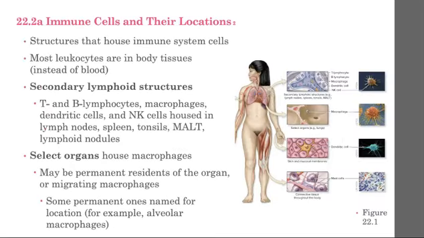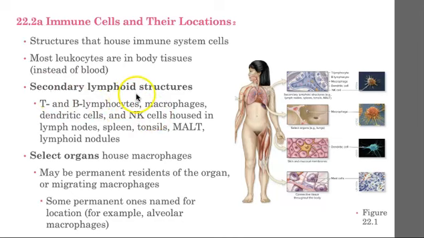So next, let's talk about where we're going to find these immune cells. Most leukocytes are found in our body tissues instead of our blood. So we just got through Chapter 21, which discussed our lymphatic system. And so we'll find these immune cells within our secondary lymphoid structures.